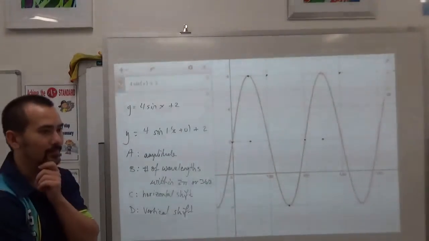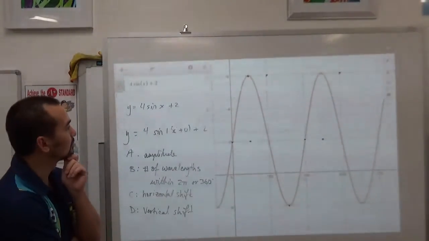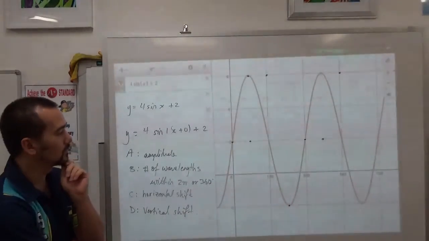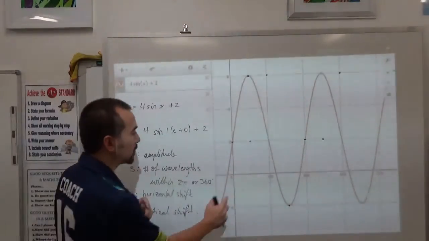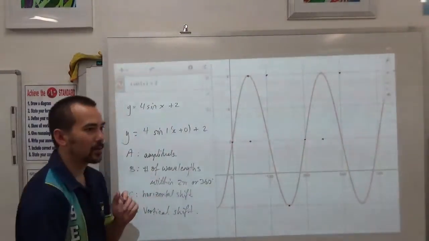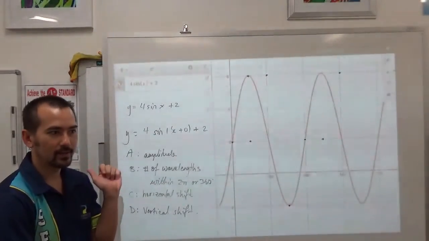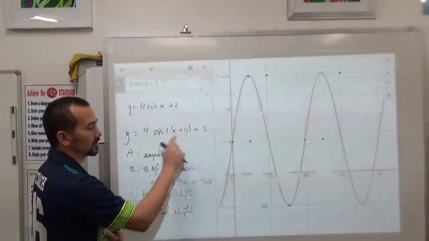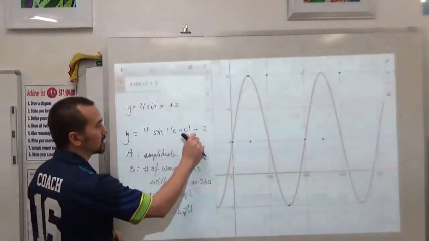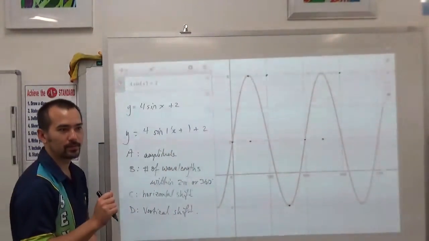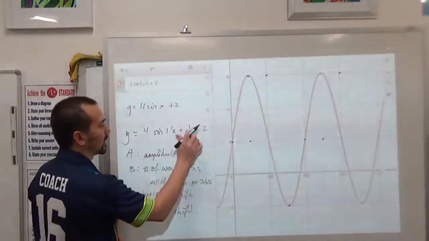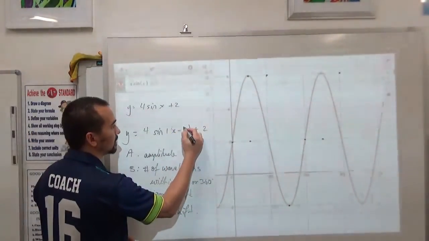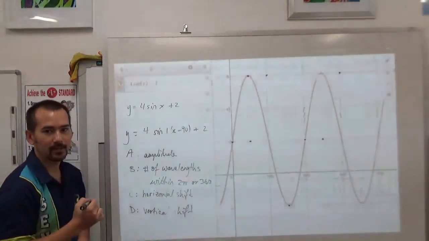Yeah, 2 squares is 90 degrees. And are we shifting to the right or to the left? To the right. So it'll be negative. Which value are we changing? A, B, C, or D? C. We're changing the C value. It's got to be negative because it goes to the right. And how much did we say? It was 90.